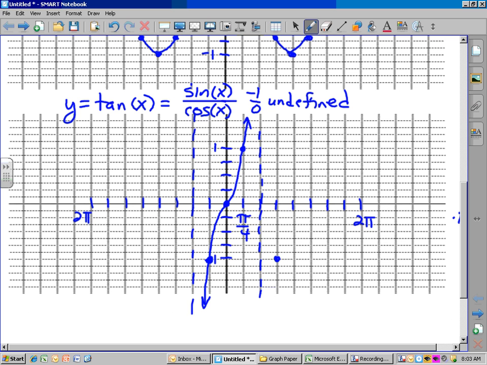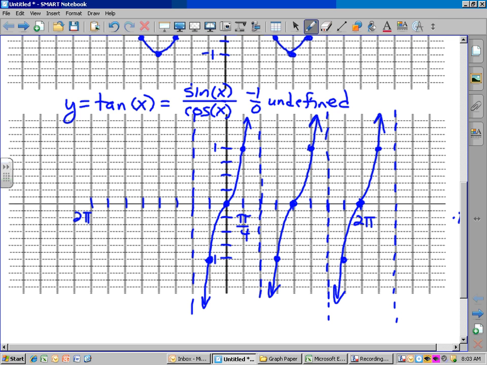Next 45 will be vertical asymptote. Little drain pipe. Next 45, -1. Next 45, 0. Next 45, which is beyond our 2 pi, but I'm going to go ahead and draw it in there anyway. 1. Next 45, vertical asymptote. Another drain pipe.